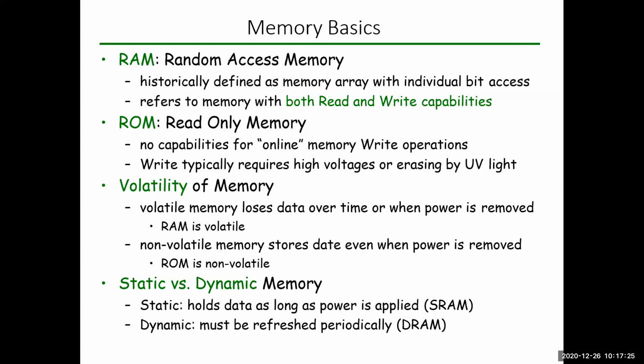But dynamic means you are supposed to refresh the memory element periodically. That's why the name has come as dynamic. Because of refreshing the memory element periodically, we call this kind of memory element a dynamic RAM. Whereas in the static RAM, the data can be held in a particular memory element as long as the power is turned on. These are the major differences between static RAM and dynamic RAM.